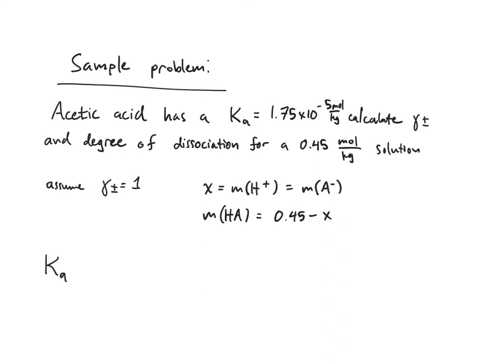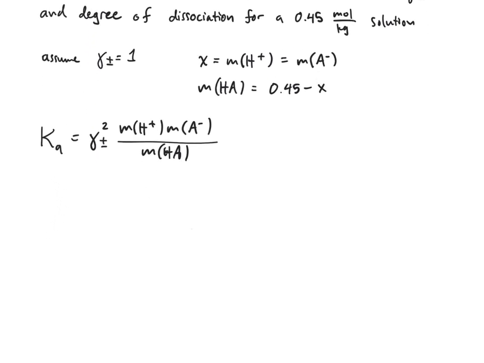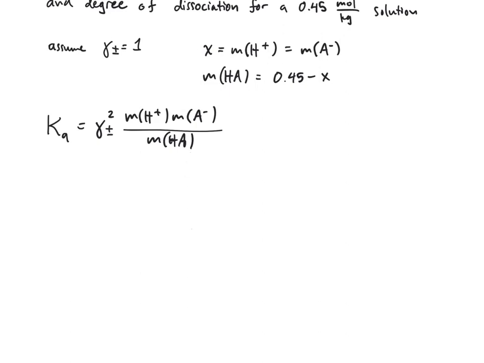So the way we set up this problem is that the dissociation constant is going to equal this gamma plus minus squared, then we'll have the molality of H plus, molality of A minus, over the molality of the non-dissociated acid. So now let's enter in all of our known numbers and variables. We've got 1.75 times 10 to the negative fifth.